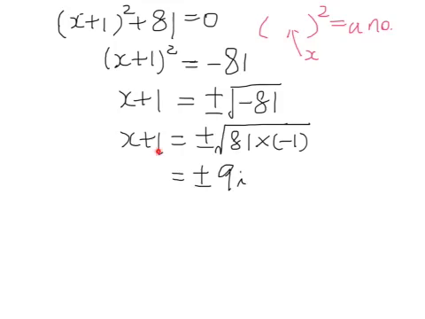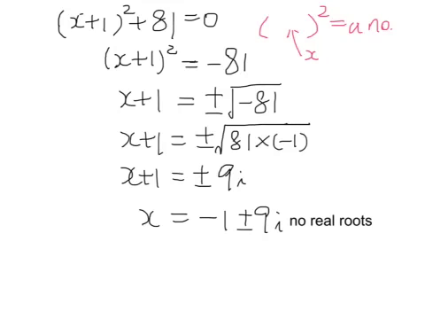Then we move this positive 1 to the other side at the end, which gives us negative 1 plus or minus 9i. And note that this is a complex number, so it has no real roots.